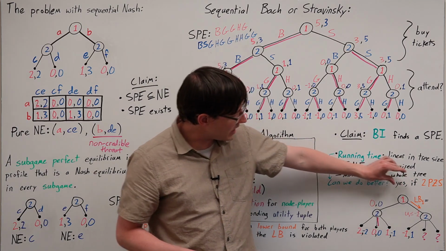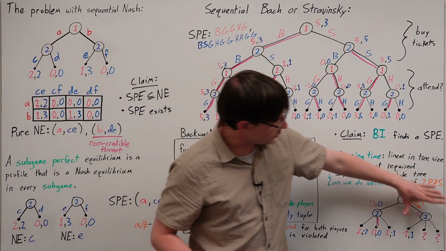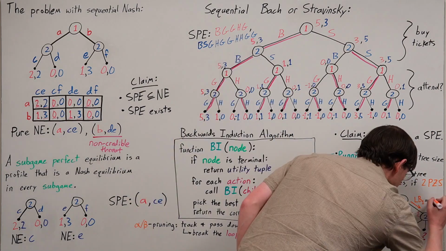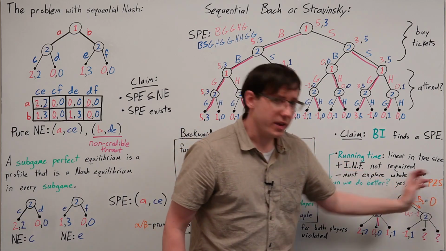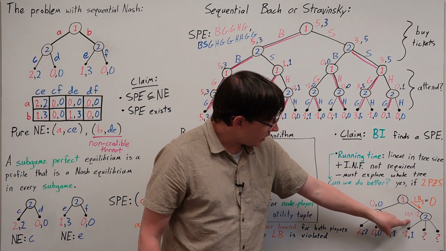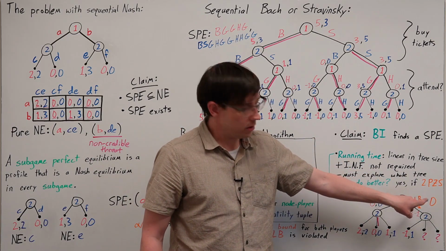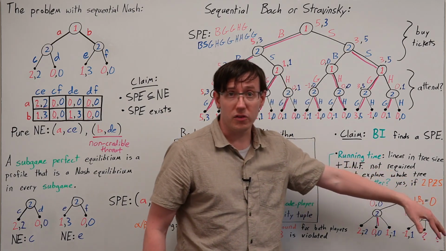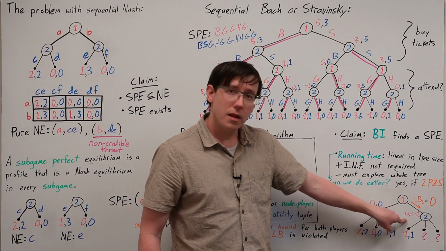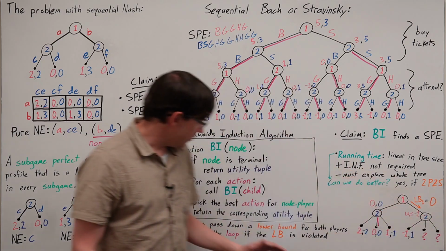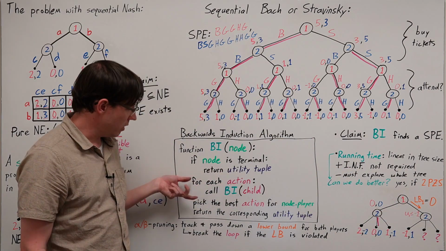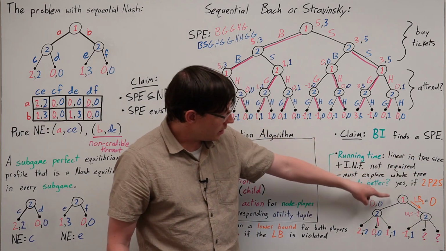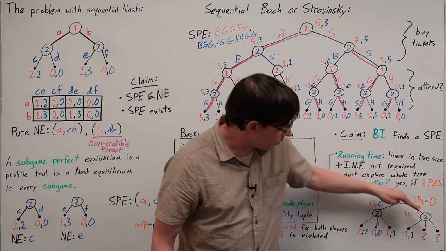And so we can pass down that lower bound of 0 to any other actions that we're exploring below this node. And then, when we're looping through the actions here, if we find a violation of that lower bound, because here we found that player 1's utility from this node is at most -1, that means that we can cut off the rest of our search at this node, breaking out of this loop, because we know that the node above will never pick this action.